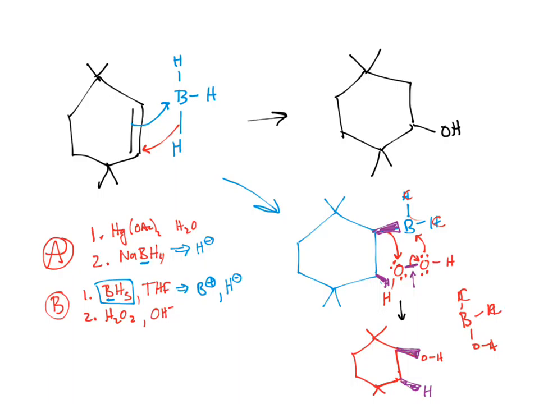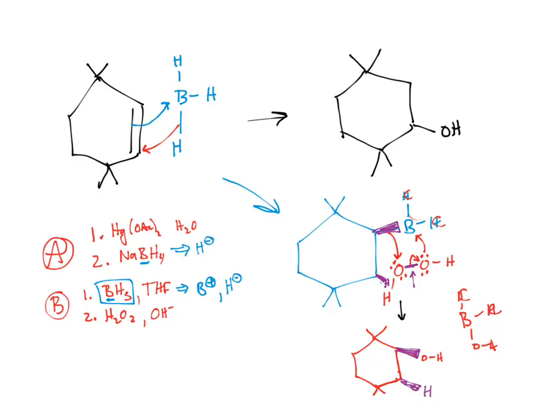We end up with a full-on syn addition of H and OH across our double bond beginning to end. Okay, which is tricky. We're doing multiple steps. We would figure there's no way in hell it could end up on the same side. Okay? But because of the reactivity of our boron, that's ultimately driving the addition to always happen in the exact same location, which is why we get the syn addition.